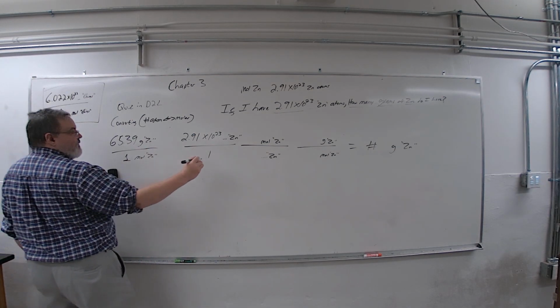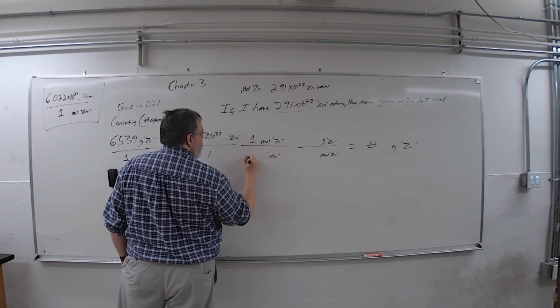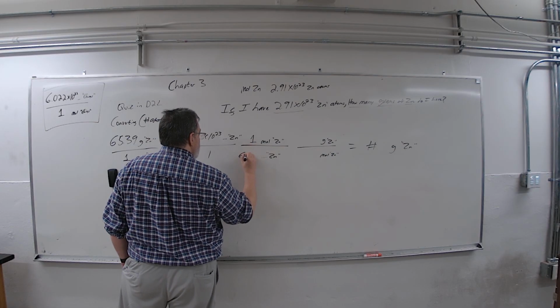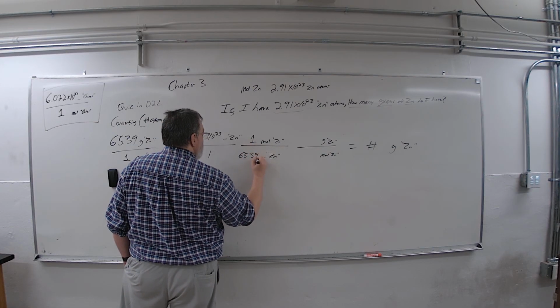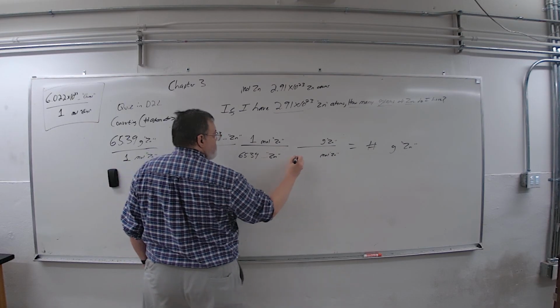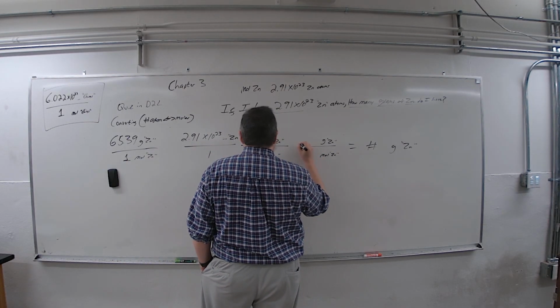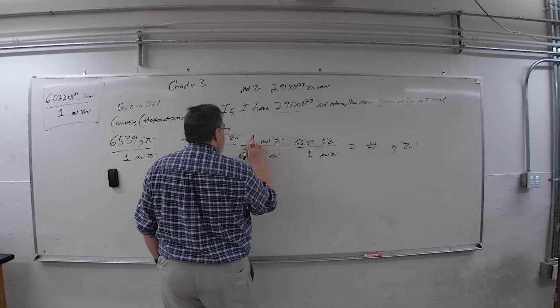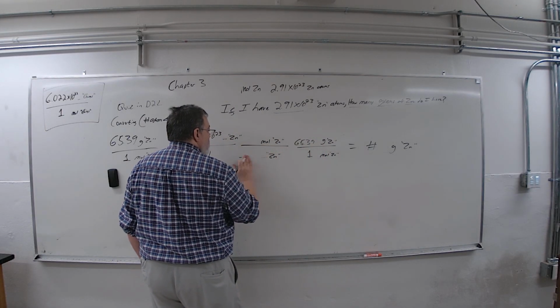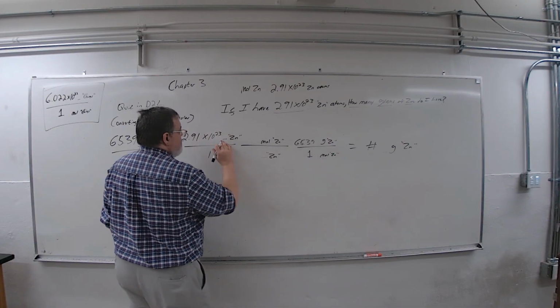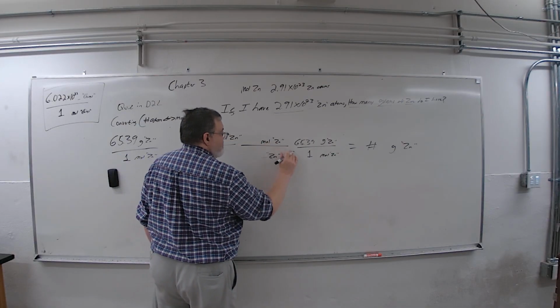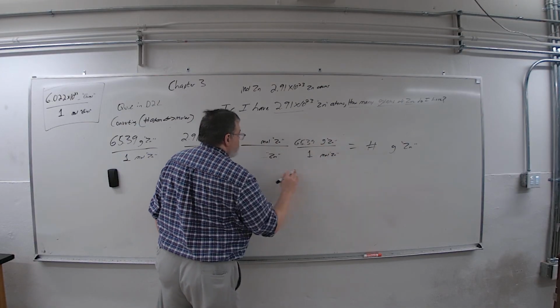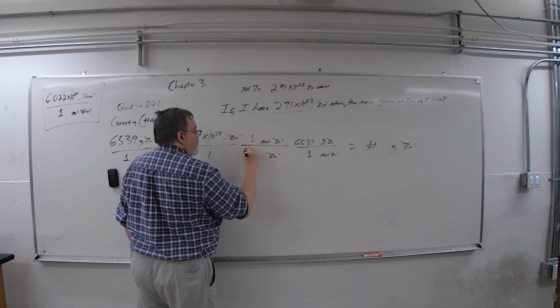I'm going to use it flipped over. Using this here. Okay. Blank zinc, mole zinc, and I ended in grams. So what goes here is the 1 mole.